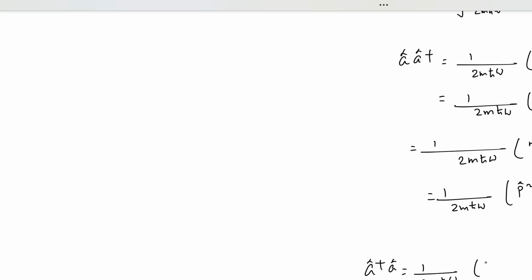So m omega x cap minus I p cap times m omega x cap plus I p cap will give you m squared omega squared x squared plus p squared.